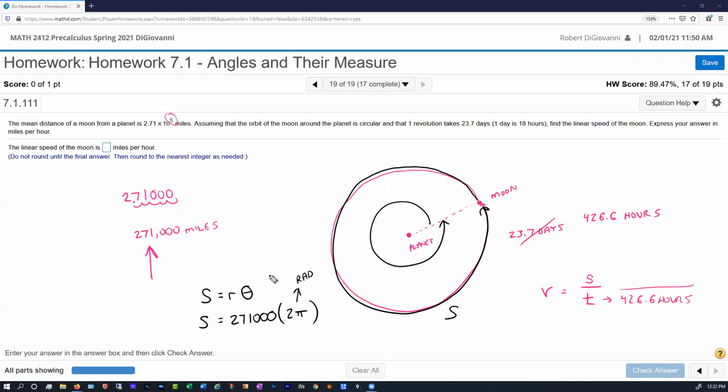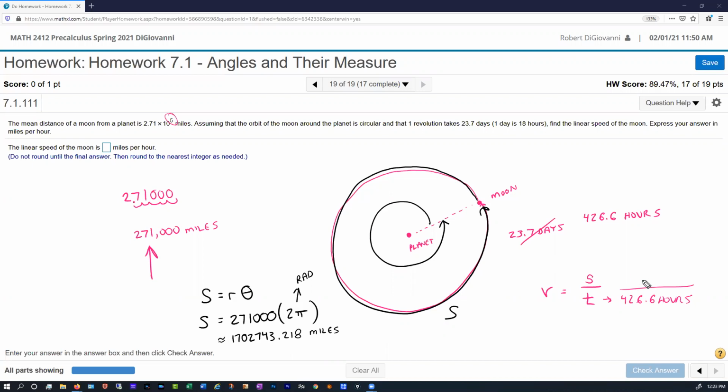So my total s should just be, on my calculator, 271,000 times 2 times pi, which is approximately 1,702,743.218. That should be miles. Okay, so that's how far it traveled. That's really the circumference of the circle.